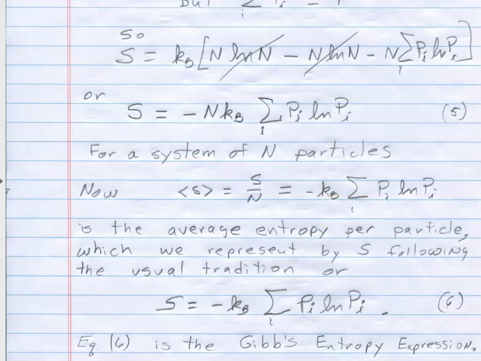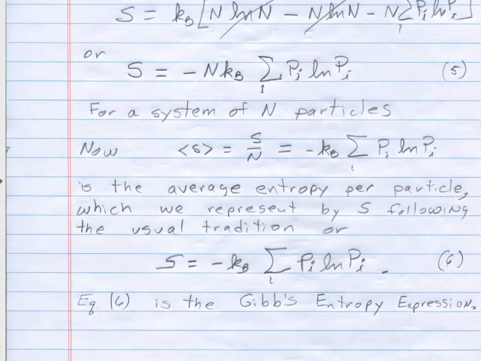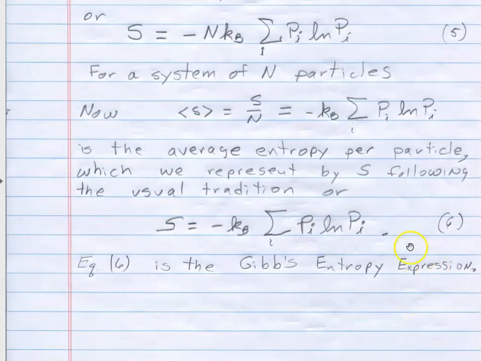That's the traditional way of writing the Gibbs entropy expression, and it really follows almost immediately from the Boltzmann entropy expression, except it puts the emphasis on the probability that state i is occupied.